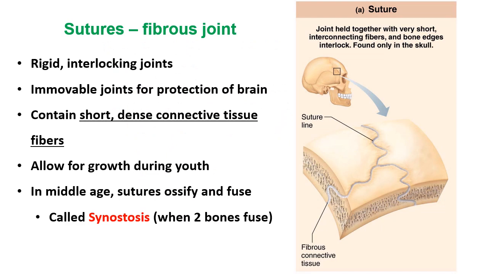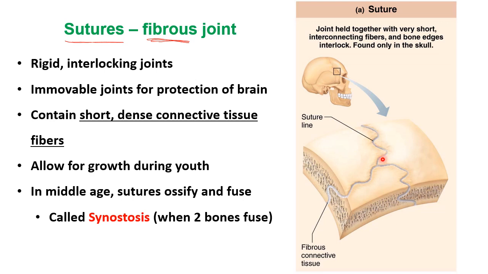All right, so first thing, the suture, right? Suture, an unmovable joint. It has fibrous tissue between the bones, very dense connective tissue, from interlocking joints. If you look at the sutures between the flat bones in the head, you're going to see that first, it's not a flat line.